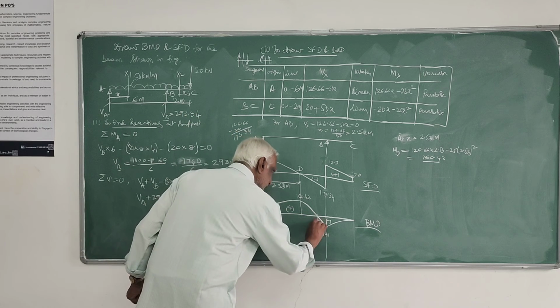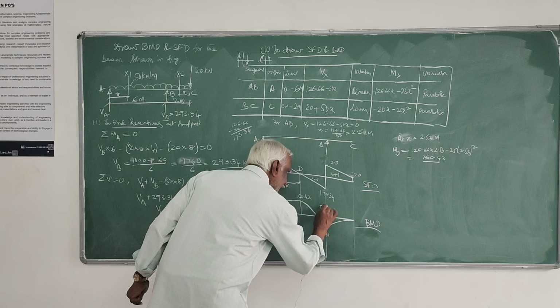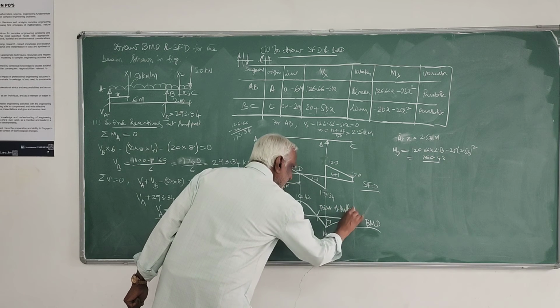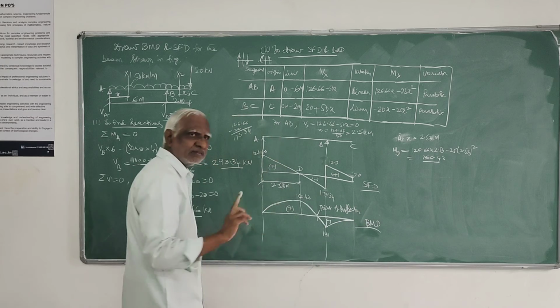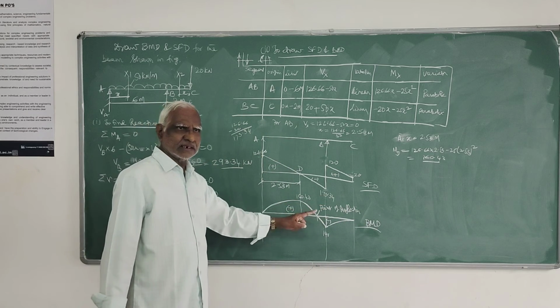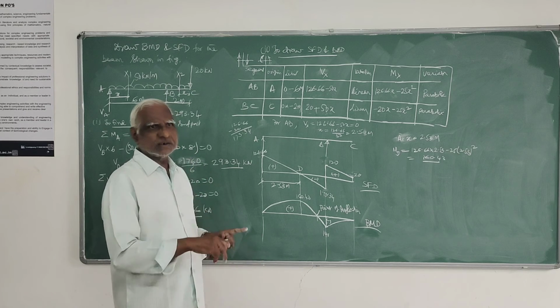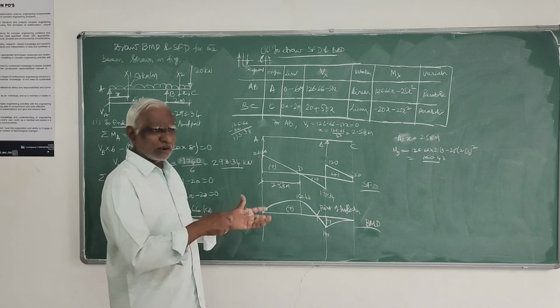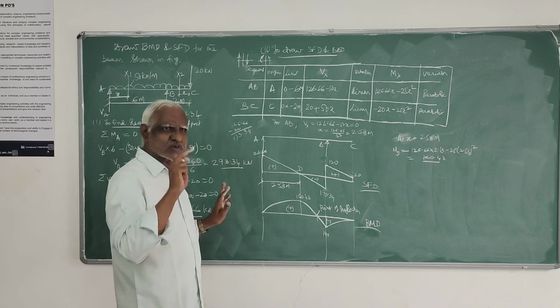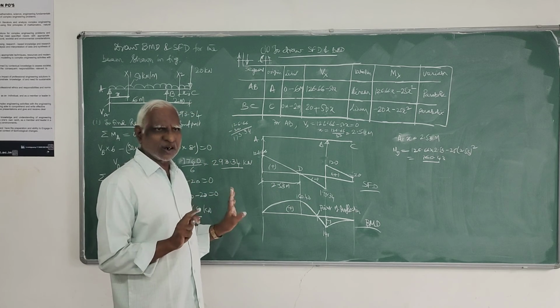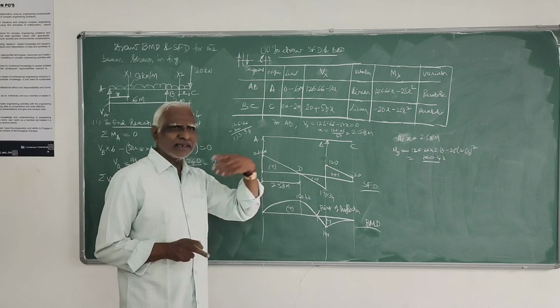Again, this position we call a point of inflection. The actual definition of point of inflection is the point where the bending moment changes from positive to negative. So positive to negative means somewhere it has to pass through 0. But that is not exactly 0, it changes value immediately.